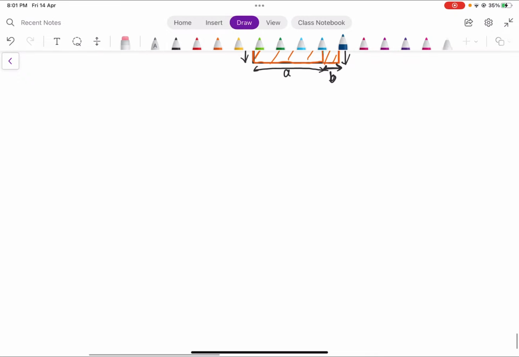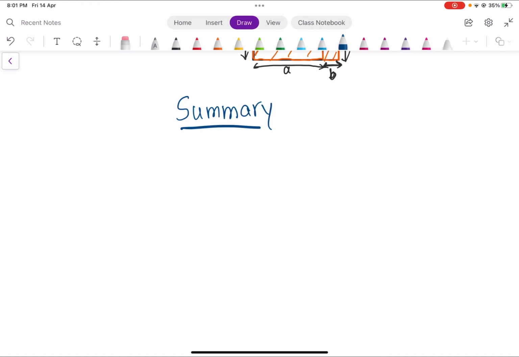So let's summarize that one time so everything stays in our brains. There are 3 methods, more like 2 methods and 1 visual representation, to finding a plus b squared.